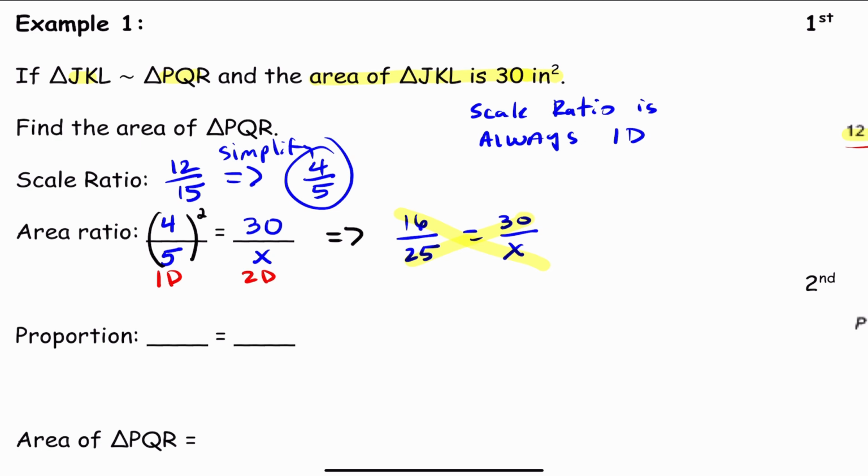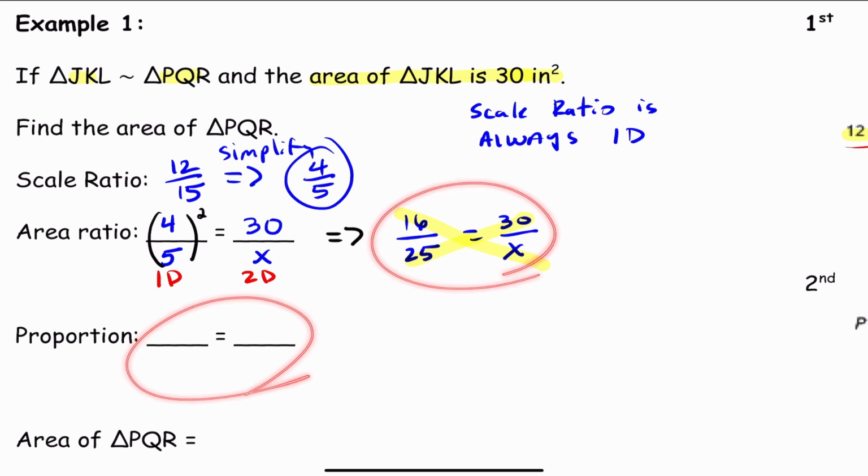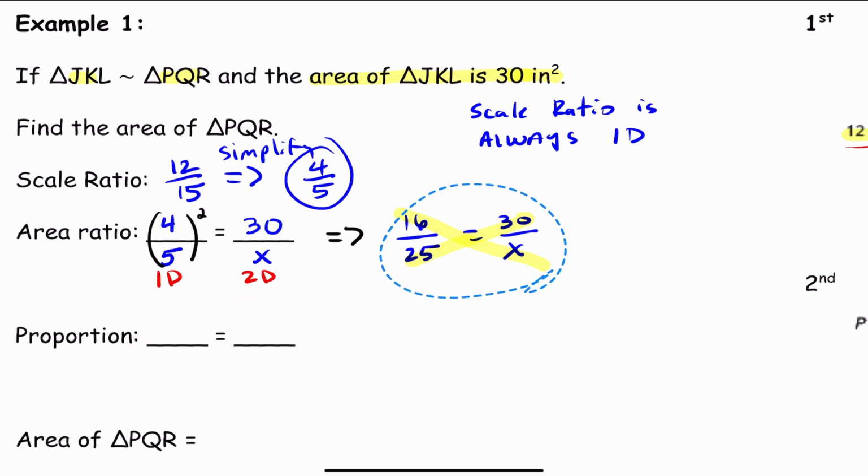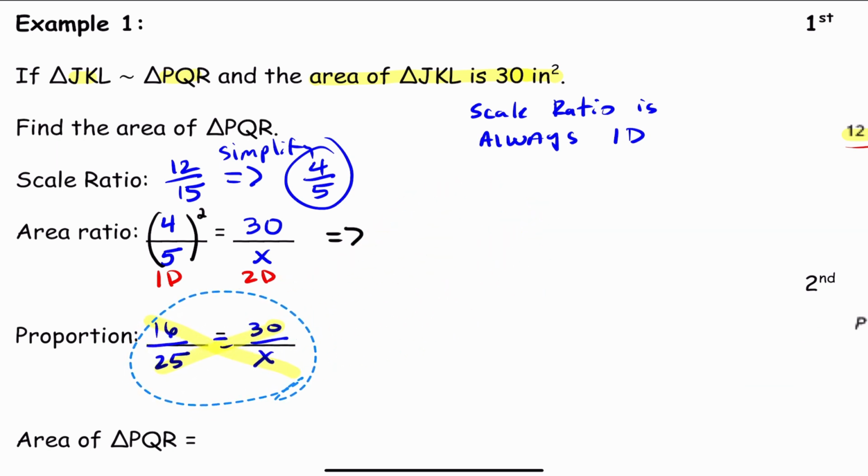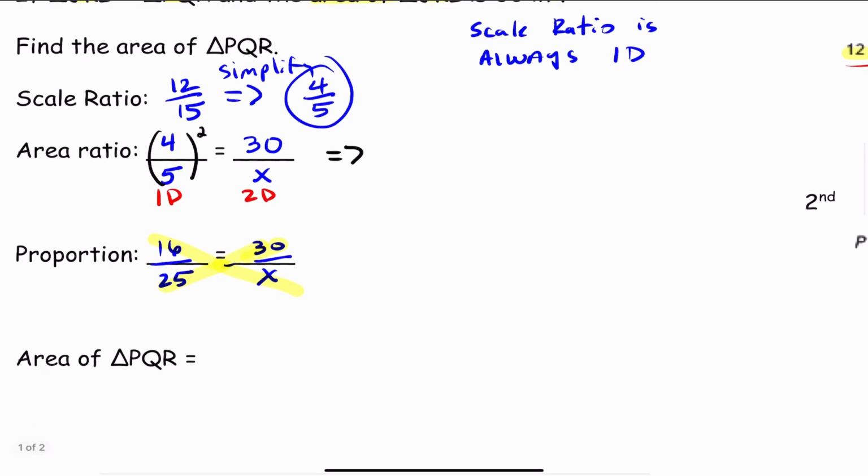In fact, I just noticed that we can put this over here. Let's do that. Alrighty, so then we have 16 times x, which is 16x, equals 30 times 25. And then I'm pretty lazy. I don't want to multiply 30 times 25.